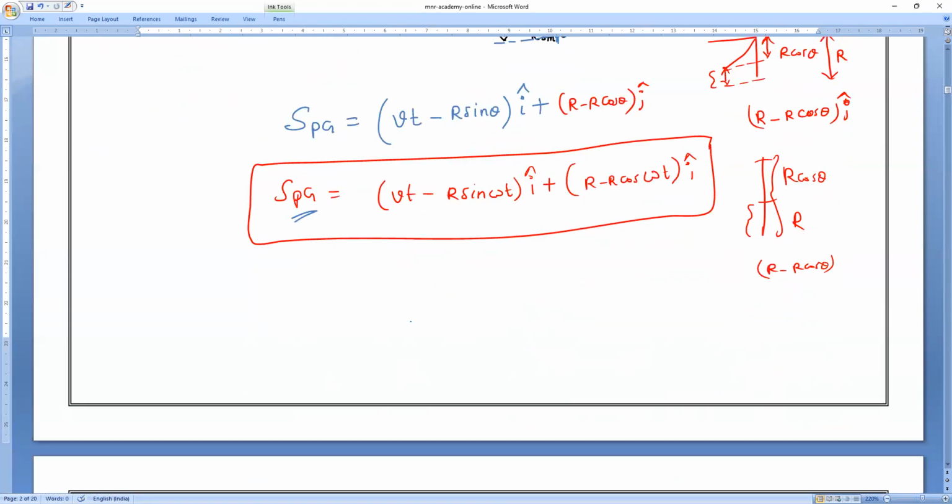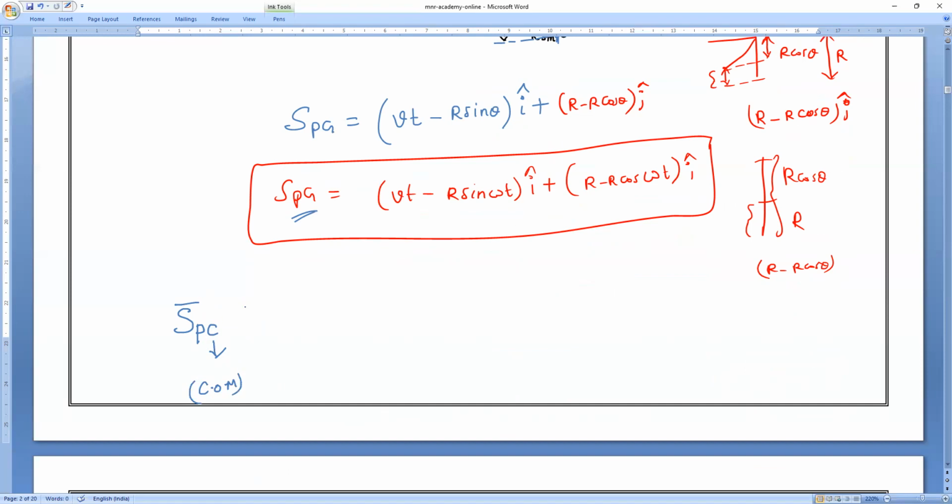So now from this, I will form a relation. Be very careful. If you want to find the displacement of a particle with respect to ground, first observe the displacement of a particle with respect to center of mass. C means what, guys? Center of mass.